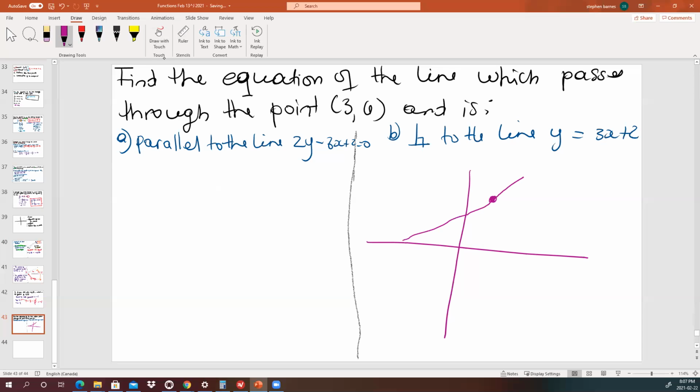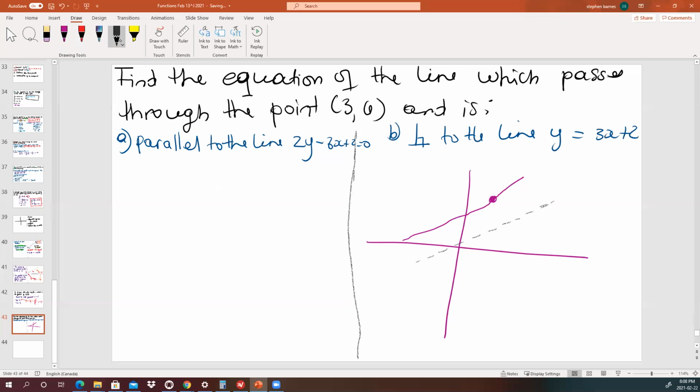Yes? And we're being told that this line is parallel to another line. So we have some other imaginary line, for argument's sake, that it is parallel to. I'm putting that imaginary line in broken lines. So we have this line, our line of interest, and we're being asked to find the equation for it.